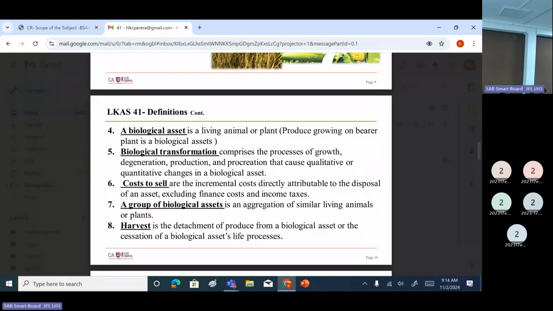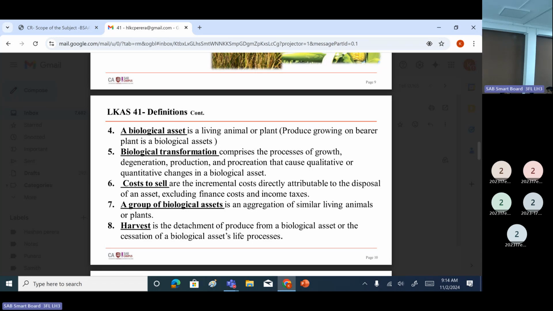Some trees have a harvest that is not ready, but it will take some time. Now we are at the reporting date. How are we going to report all those things? Can we consider the unharvested fruits as agricultural produce? Those are the questions you need to answer.